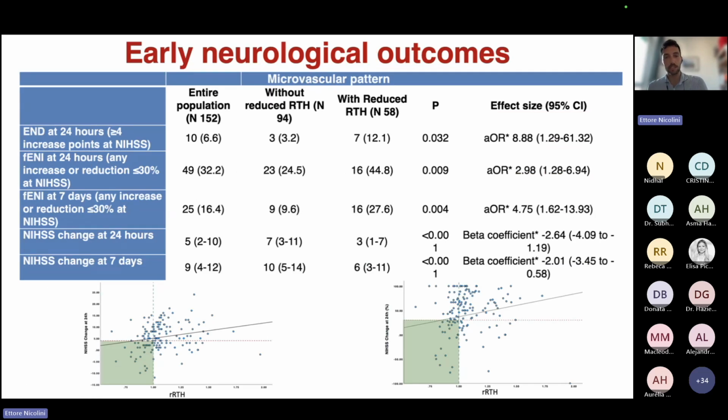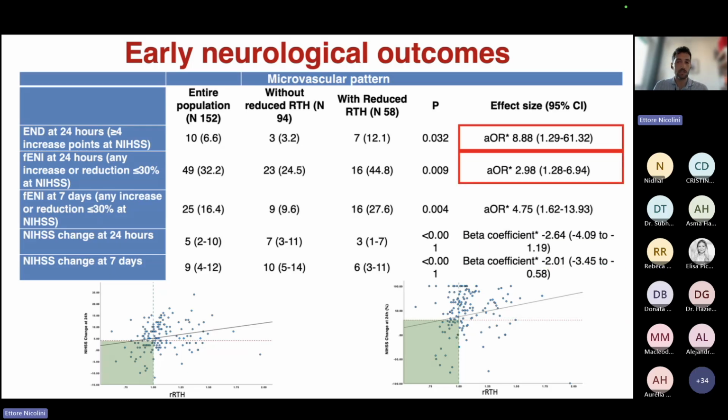We also tested some early neurological outcomes, and what we found was that patients with reduced RTH more frequently had failure of early neurological improvement, both at 24 hours and at 7 days. This is what is described in these graphs.